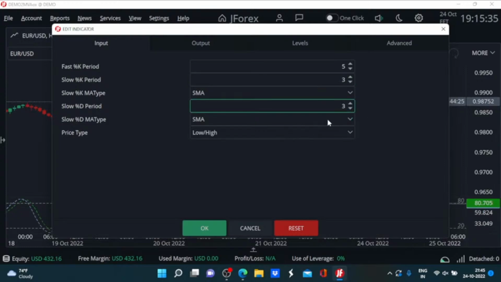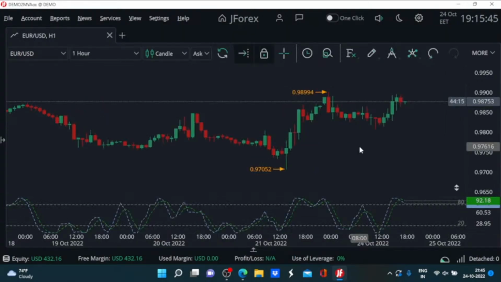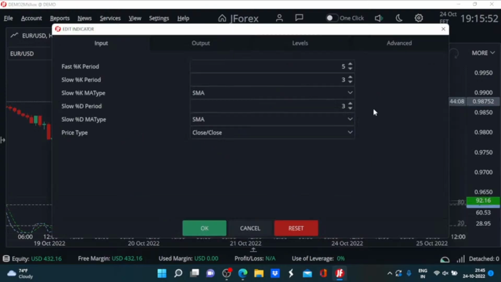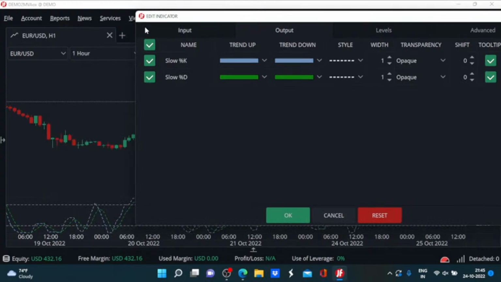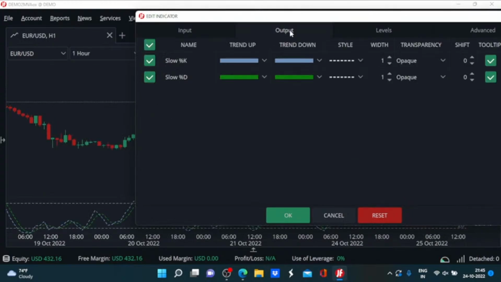Okay, so here now we also try out what happens when we use the close price as the applied price for calculating the range. Now coming to the output, the style factor. Here I am going to first restore all the default settings.